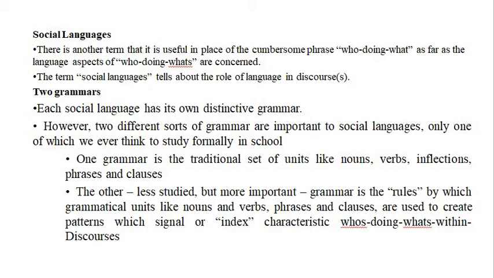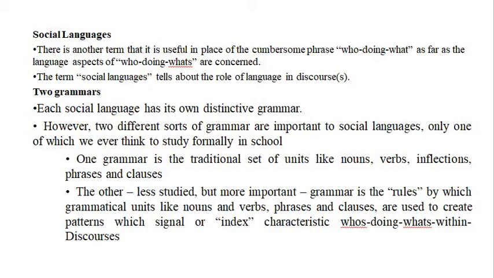We understand this term with the understanding of the concept of social language. Each of the who's doing words we saw is linguistically expressed in different social languages, different socially significant varieties of language.